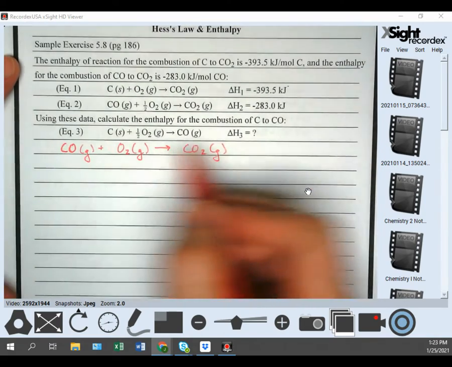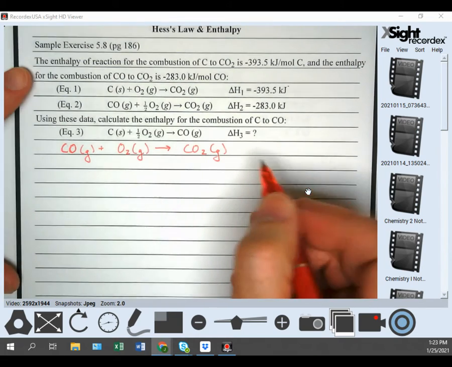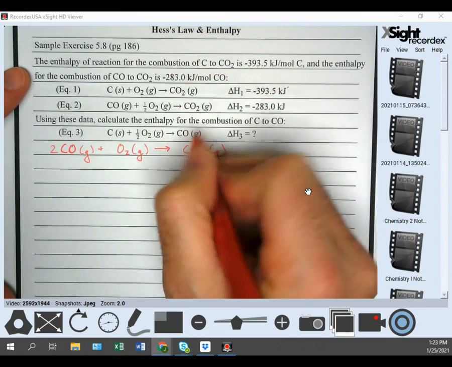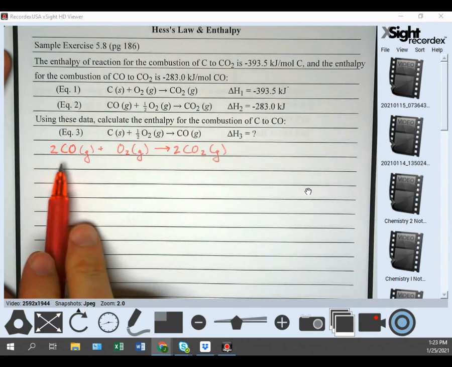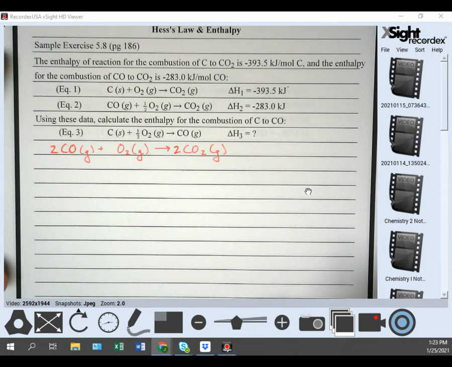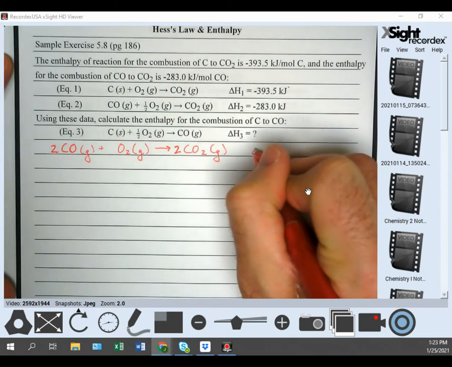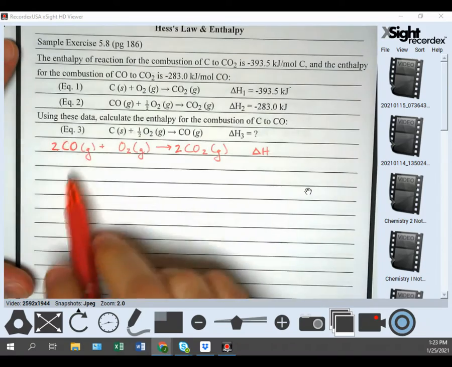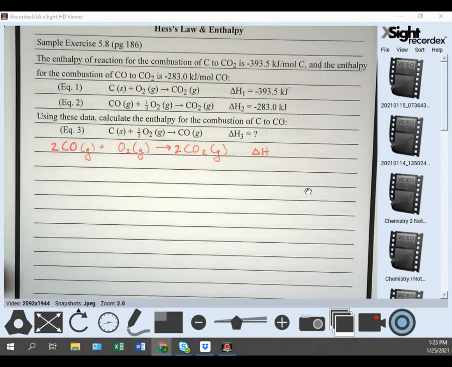If I balance this, I think I need a 2 here and a 2 here, right? Like that. That balances it. 2 carbon, 4 oxygen on each side. Okay. Now, how many moles of carbon monoxide do we have in this balanced equation?